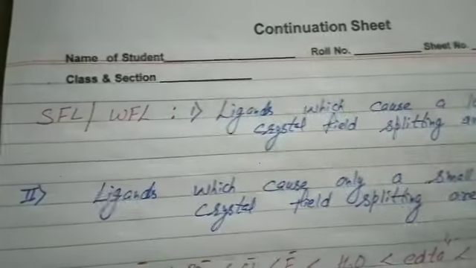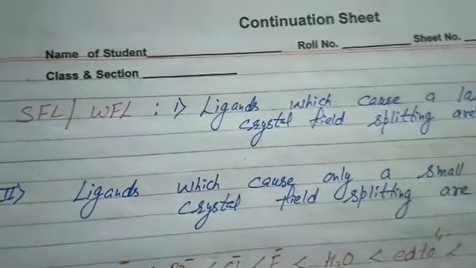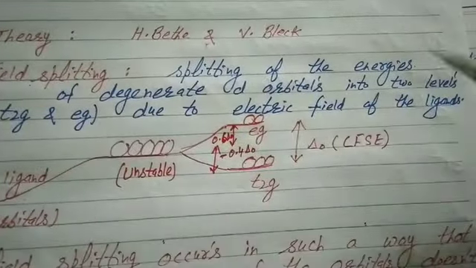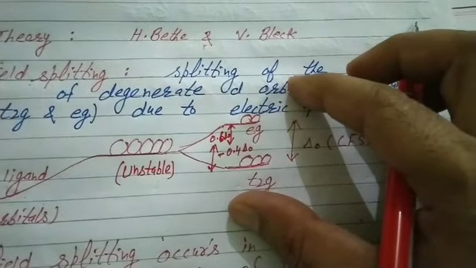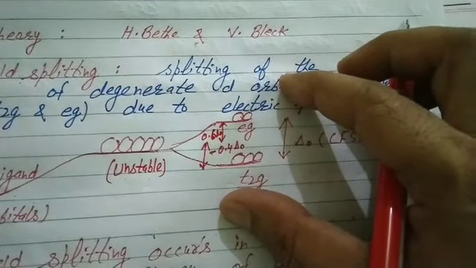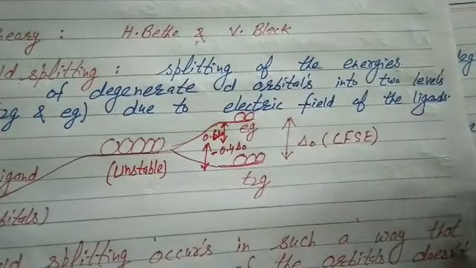Next, we divide the ligands into strong field ligands and weak field ligands. This depends upon this process. If the crystal field splitting energy difference is large, we call them strong field ligands, and when this energy difference is less, we call them weak field ligands.